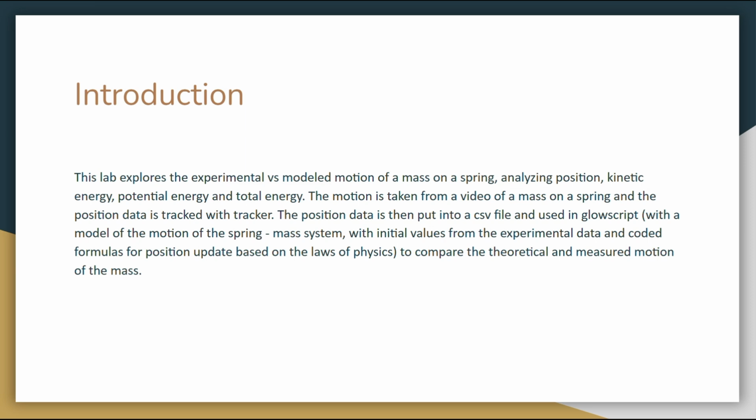The model is compared to the experimental data by the Tracker data being put in a CSV file and then directly put into the GlowScript model and compared with a chart. So in the rest of the slideshow, that will show the data compared to each other.